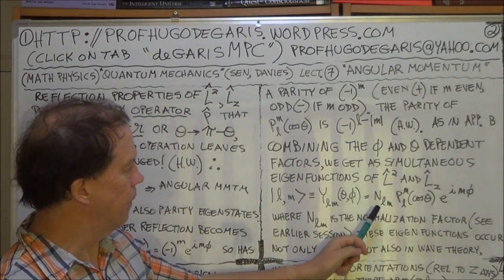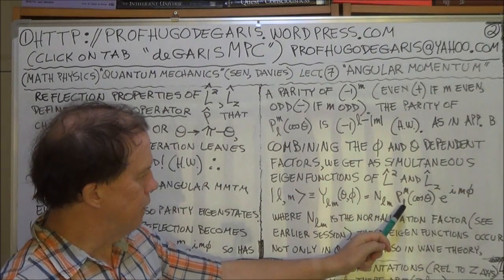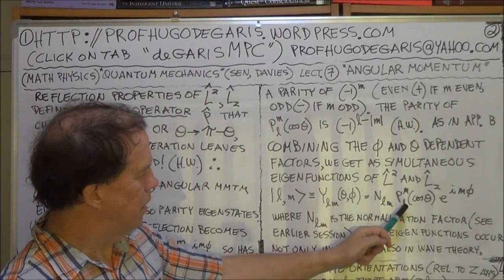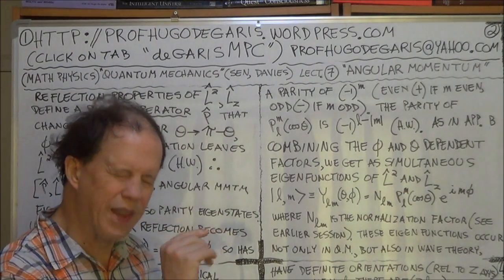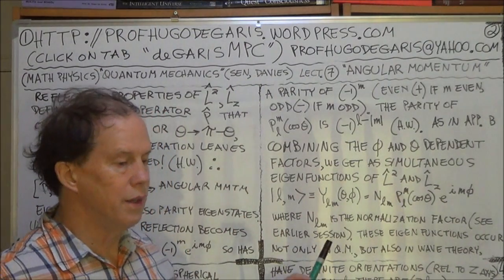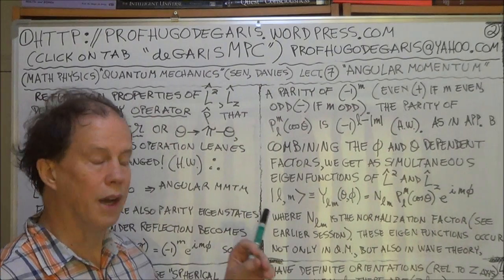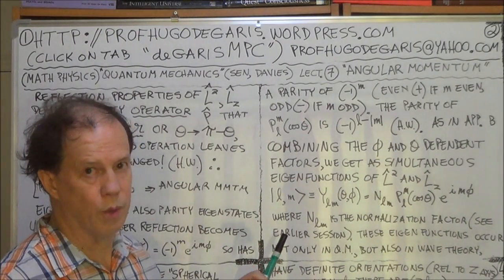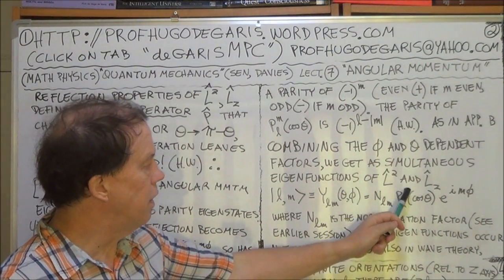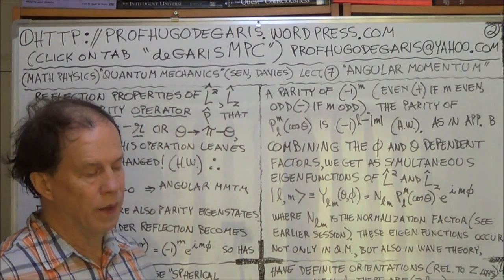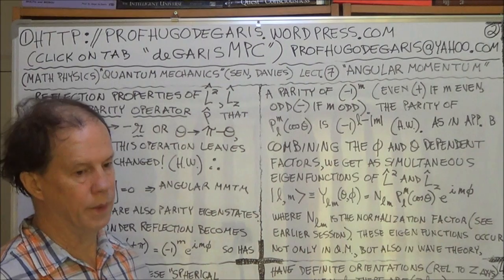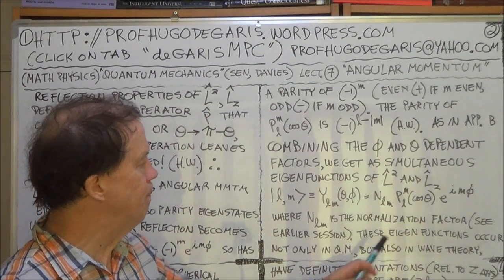Now, it has two parameters, two eigenvalues: L times L plus 1 are the allowed eigenvalues of the operator L squared, and M are the eigenvalues of the operator L_z.